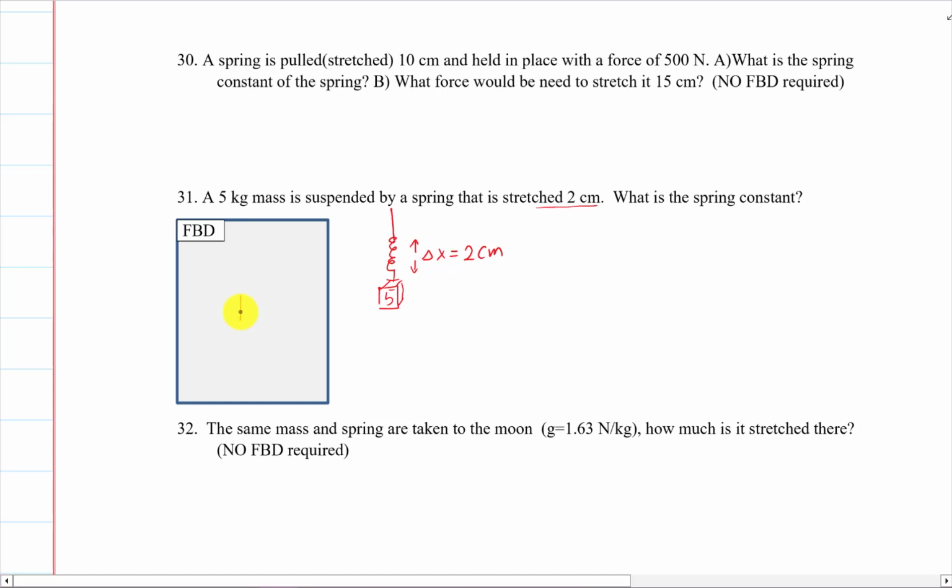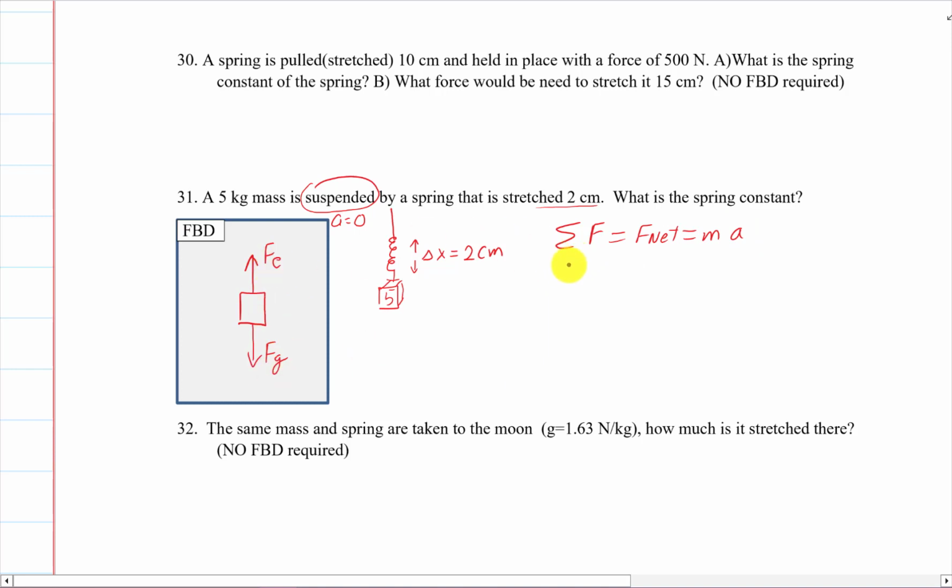Okay, well, a free body diagram would be good. We have an elastic force that's pulling it up, and we have a gravitational force pulling it down. And it's suspended, so I'm going to assume that the acceleration is 0. It's not accelerating up or down. So the sum of the forces is F net equals ma.